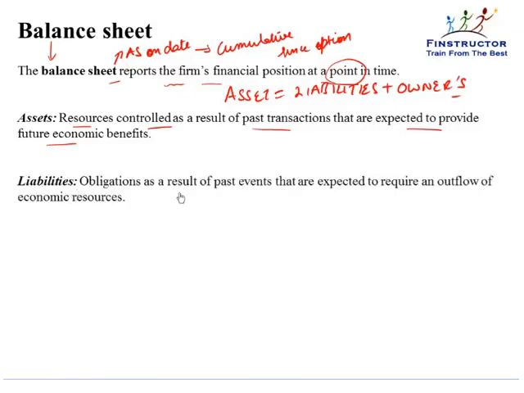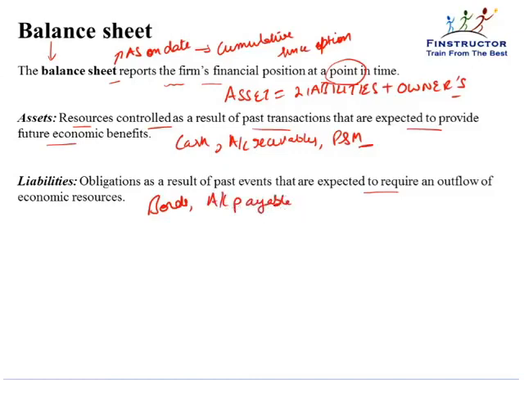Liabilities, similarly, are obligations that are expected now to require an outflow of economic resources, or for example, an outflow of cash in the future. So some example of assets would be cash, accounts receivables, plant and machinery, because of which we will produce goods and sell them in the future. Liabilities would be bonds or debt, accounts payable, etc. We'll study in detail these instruments in the slides to come.